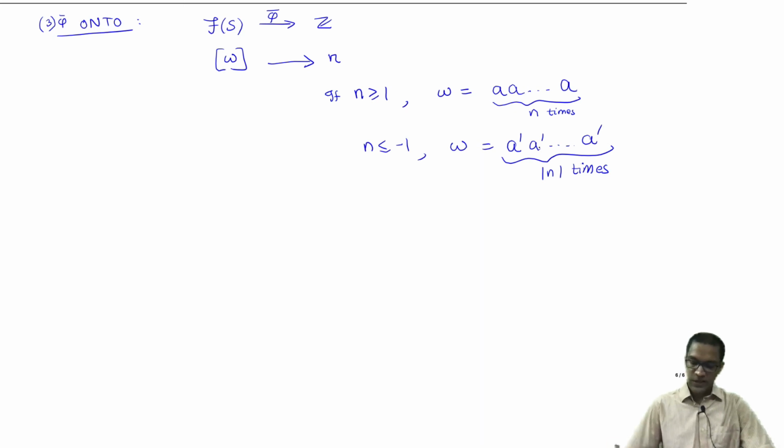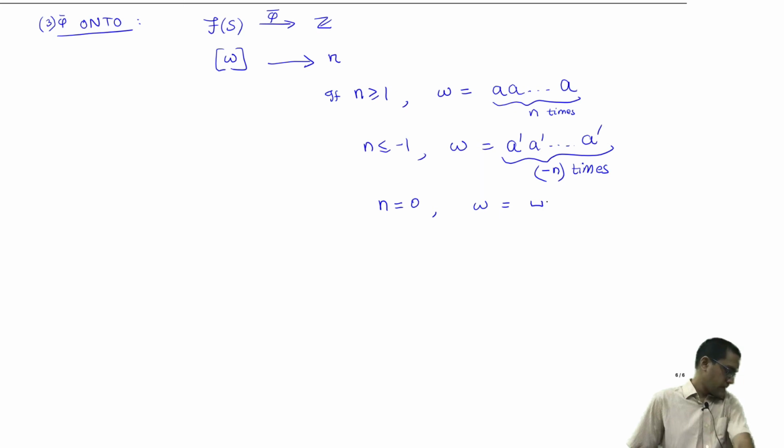In this case, mod n is the same as minus n, so maybe I should write it as occurring minus n times. So if you compute phi bar, you will again see it is n. And then finally, if n is 0, of course, that's the easiest case. I can just take W to be the empty word, and phi bar of the empty word is of course just 0. So we have managed to show that this is an isomorphism.